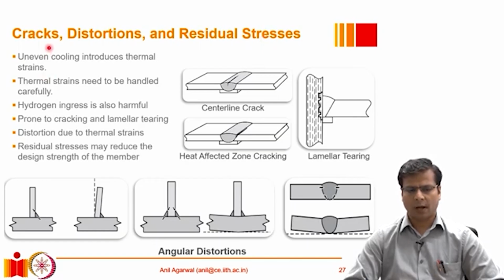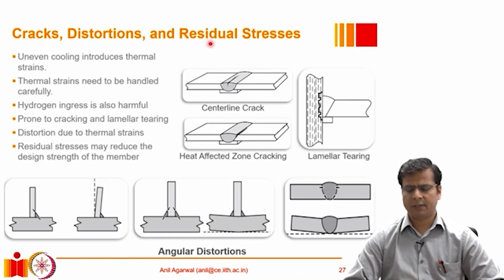After a weld is completed, the member can undergo some cracks or some kind of unwanted fissures can be created. Alternatively, the member can deform in a way in which it was not intended, and that is also because of the thermal strains that are introduced by the welding process.